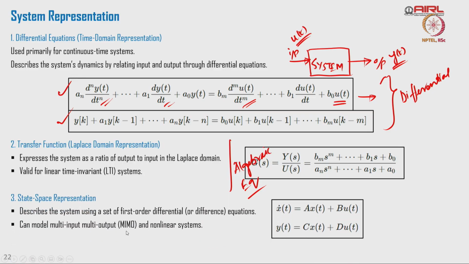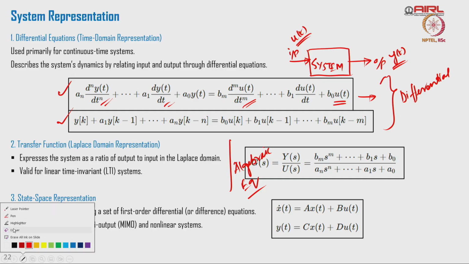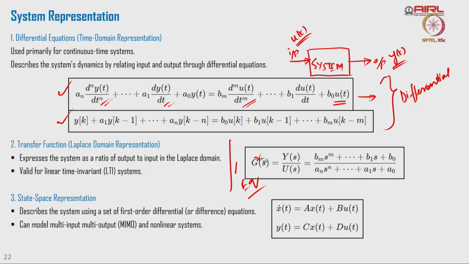There is another representation called state space representation, and it will also be clear in some later lectures. It will be covered in detail, and we will see how we can use a differential equation or transfer function, and then how we can define the system in terms of state space representation.